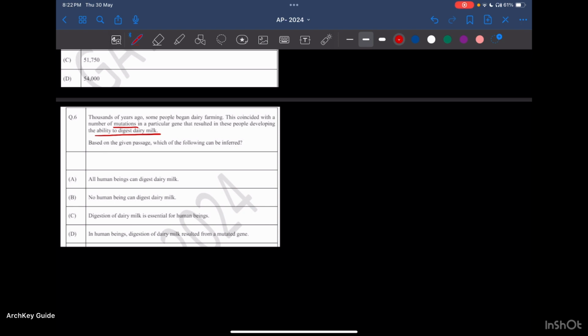It's nothing related to all humans there. So this is no. No human being can digest. It's also not possible because it's not mentioned in the question that no human being. It's only about these people. Digestion of dairy milk is essential for human beings. It's not mentioned. In human beings, digestion of dairy milk resulted from a mutated gene. Again, this is the correct answer. Fine.